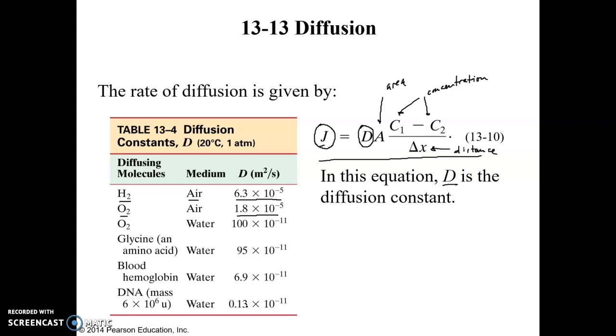And then if we look at some of these other materials, diffusing in water, let's just stick up here with oxygen. Oxygen in water, that's to the negative 11th, so that's a lot smaller. So that oxygen is going to diffuse in water much more slowly than it would in air.